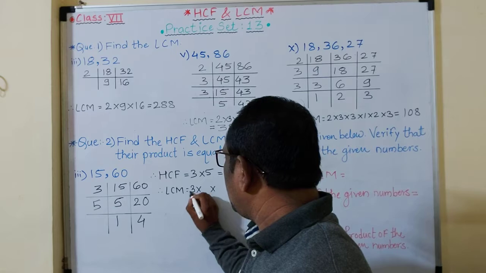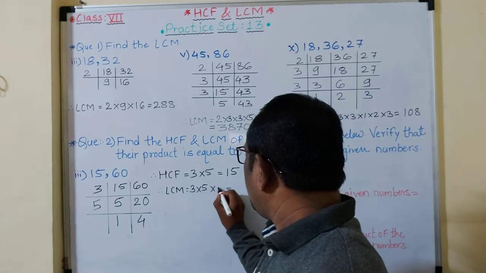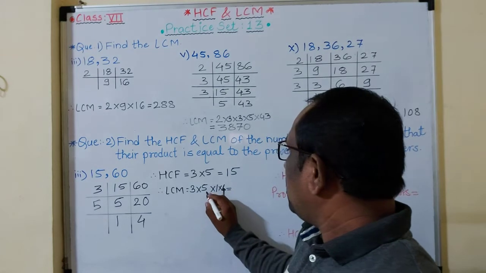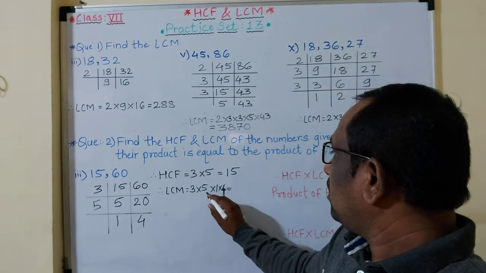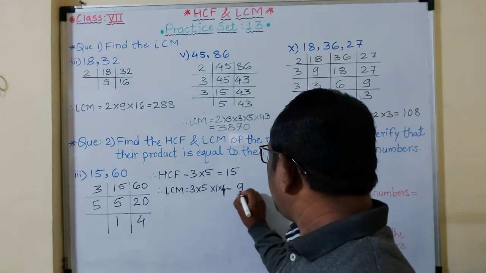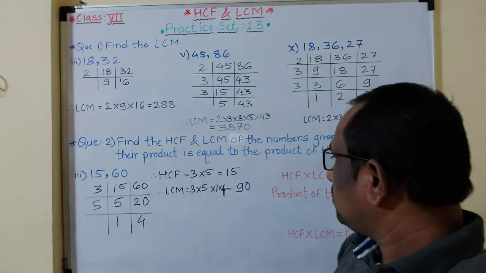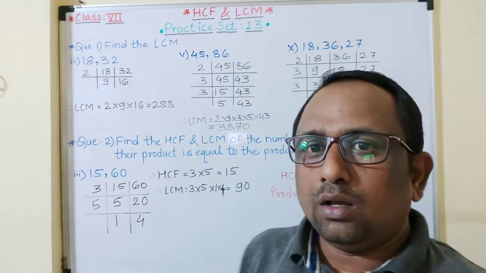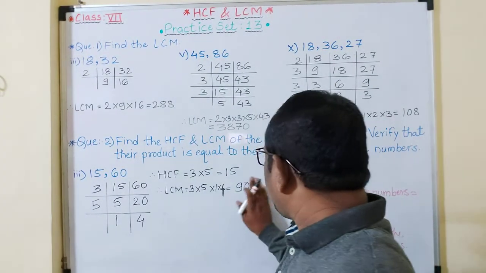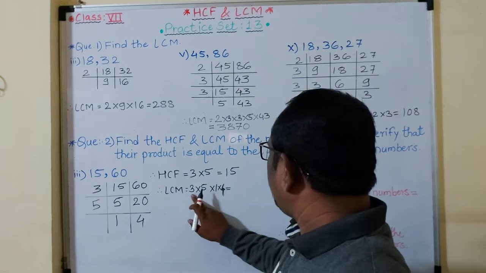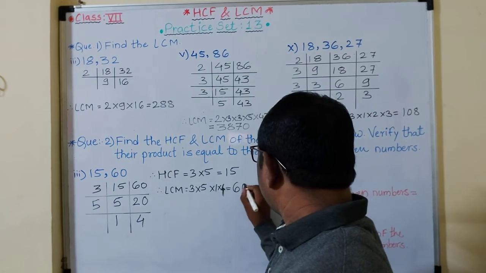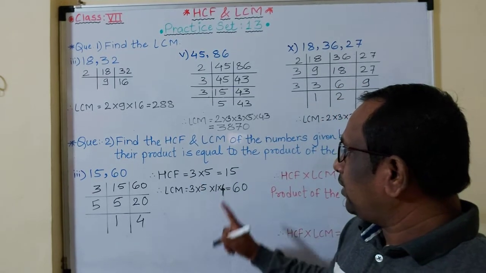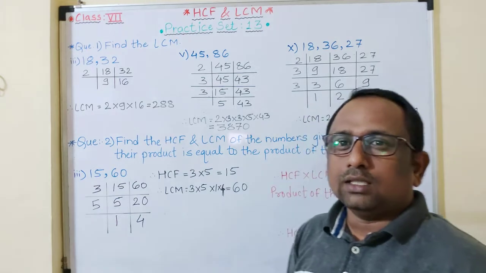So 3 into 5 into 1 into 4. Okay, 5 threes are 15, 15 fours are 60. Okay, so we got HCF, that is 15, and LCM, that is 60.